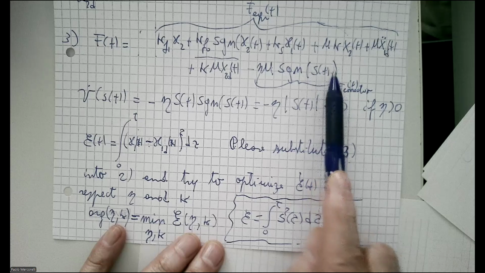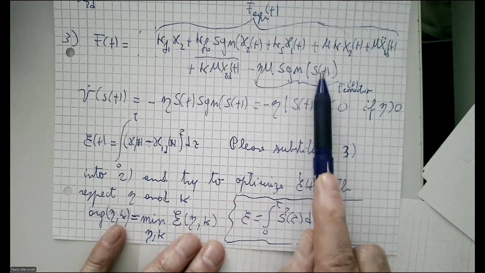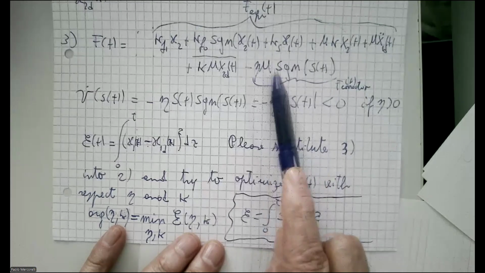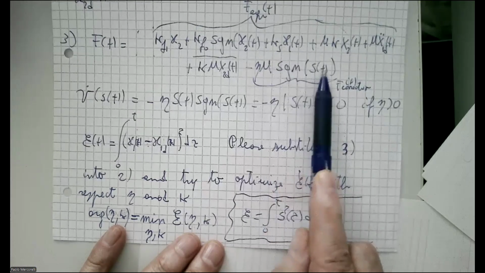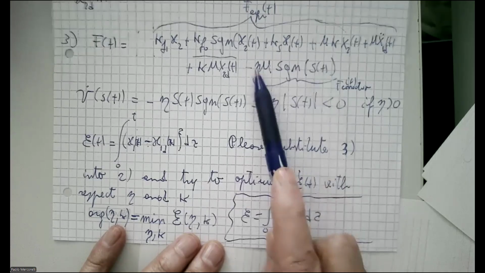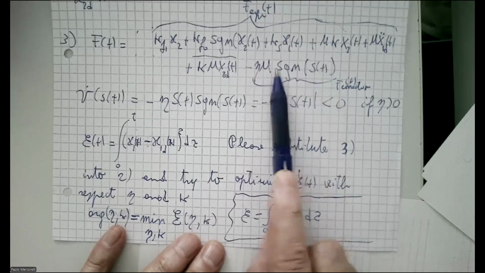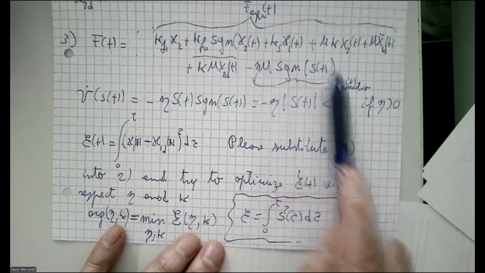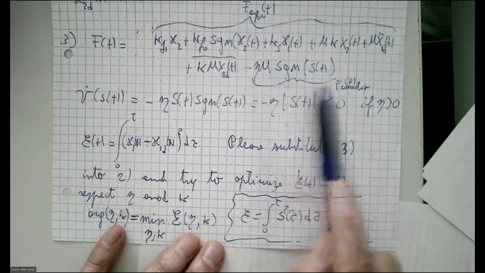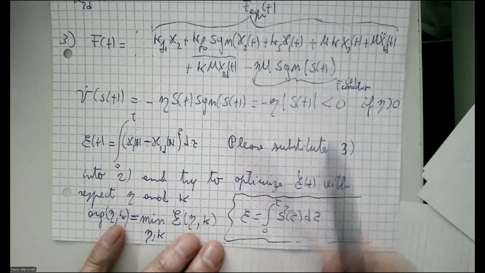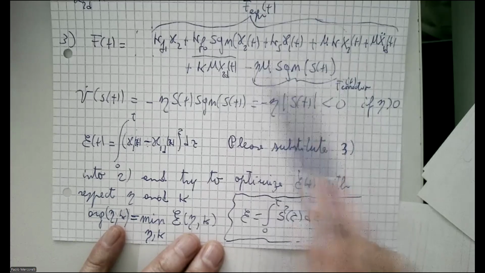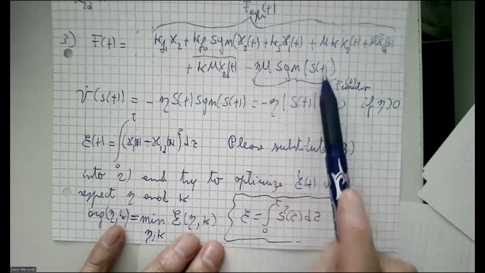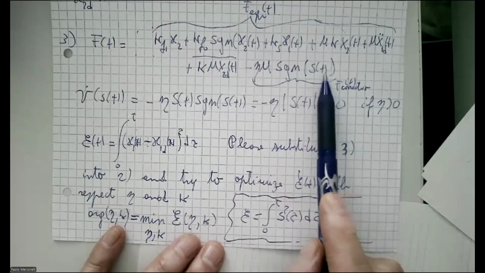Very important that the sign is positive, s of t, doesn't matter how big, I multiply by eta multiply m. If s of t is very small, nevertheless I multiply by eta multiply m. I would like to say it's not efficient, this part here. Or probably the best way to express what I want is that this contribution does not depend on s of t.